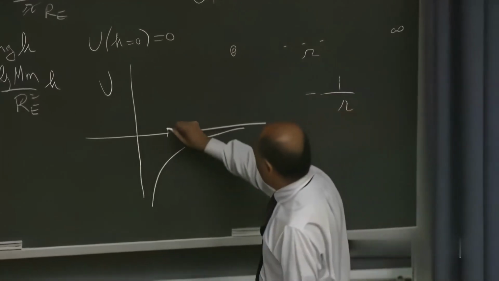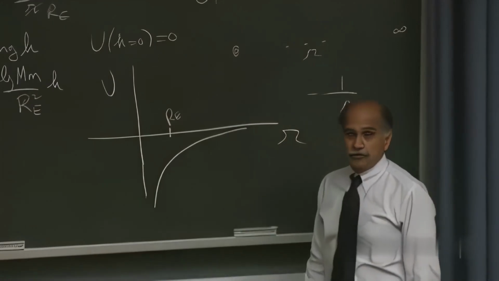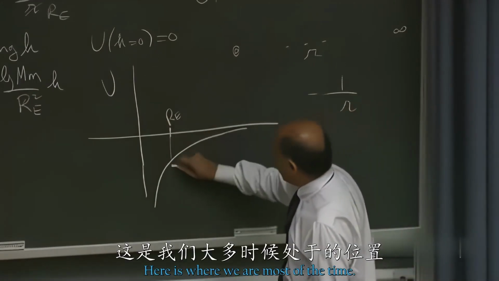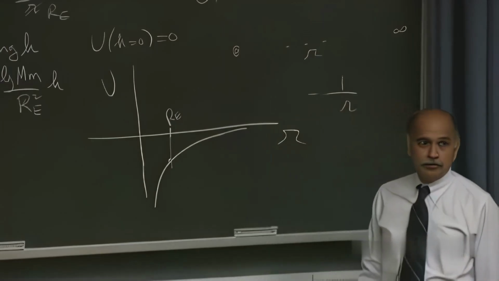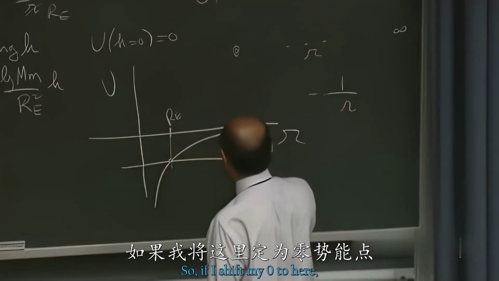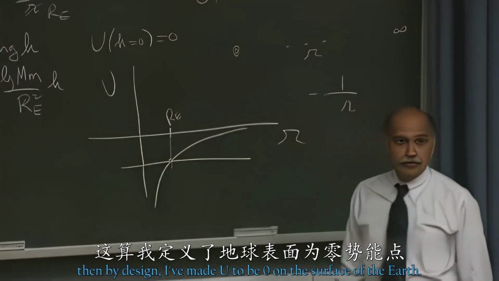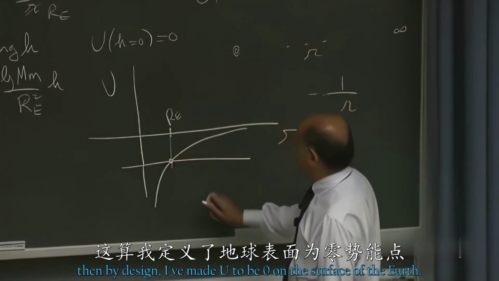Now, let's look at the formula in the neighborhood of the surface of the Earth. Here is where we are most of the time. So, if I shift my 0 to here, then by design, I've made u to be 0 on the surface of the Earth.